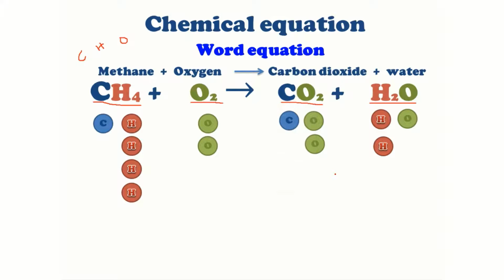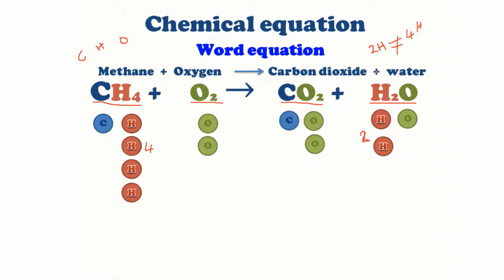It's not balanced because we have 4 hydrogen on the reactant side, and we have 2 hydrogen on the product side. So 2 hydrogen is not equal to 4 hydrogen. Balancing means that they should be equal.